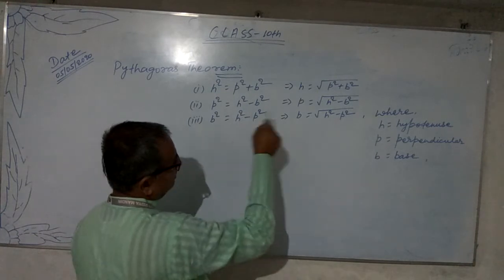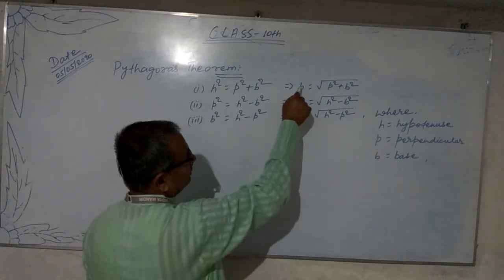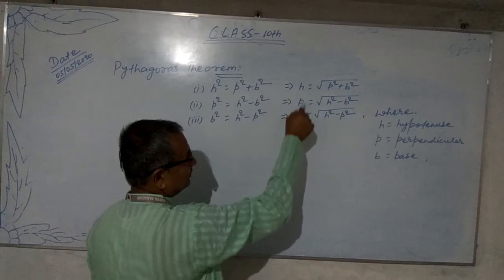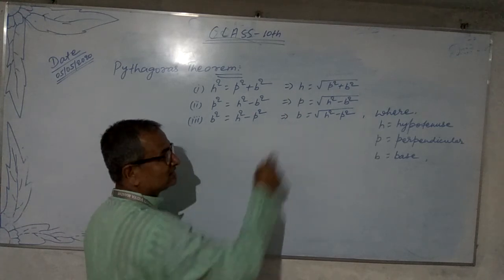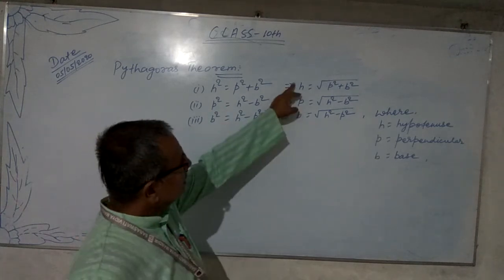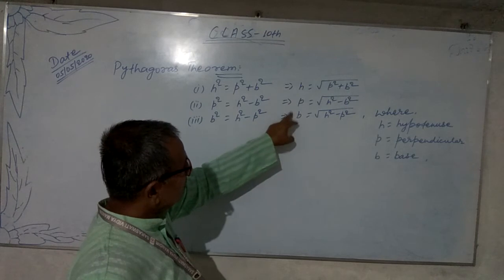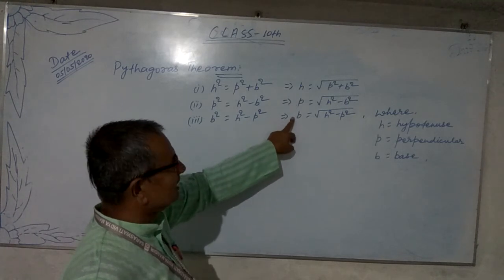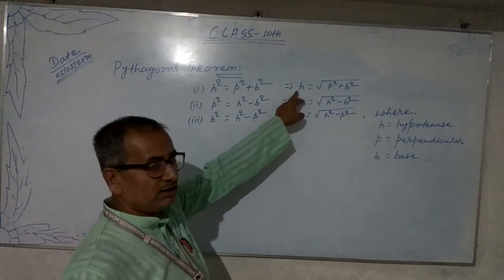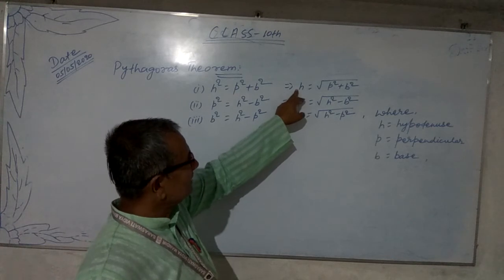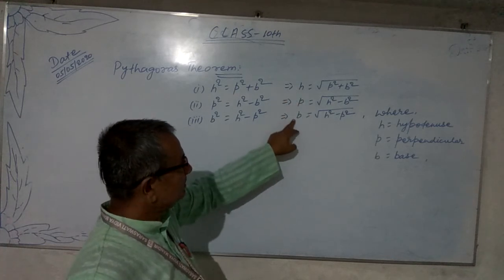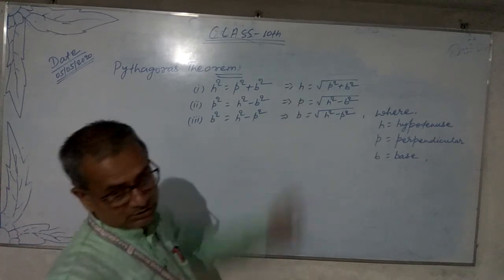By these three formulas, we can find out either hypotenuse, perpendicular, or base. If any two things are given, then we can find out the other with the help of these three formulas.